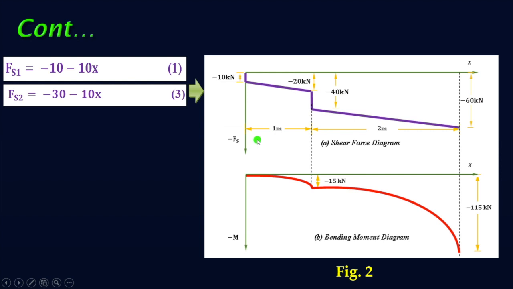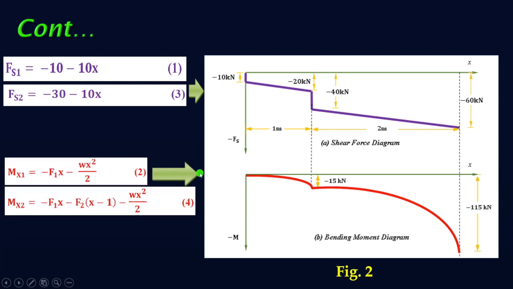Now after this shear force diagram, we have to find out the bending moment diagram. So let's go to the equation. The bending moment equation is this. For the first segment, it is equation 2, and for the second segment, equation 4. You see, both are parabolic curves, and at x equals 0, the bending moment is 0. At x equals 1, it is minus 15 kilonewton meter, that we already determined.